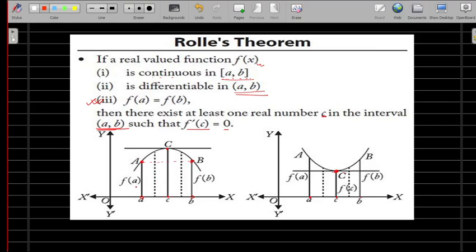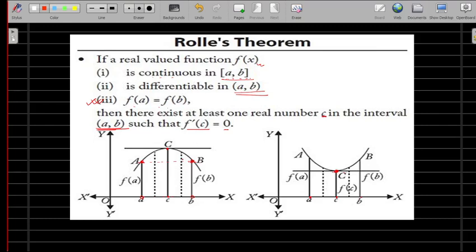If f of a is this height and f of b is this, and throughout this curve we measure the height, then the third condition is f of a equals f of b.